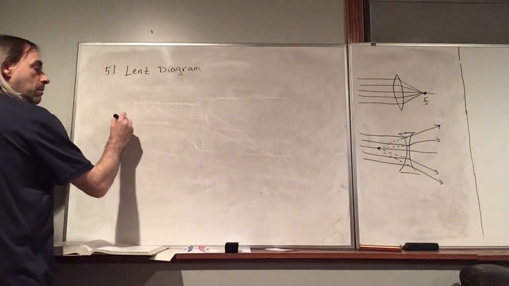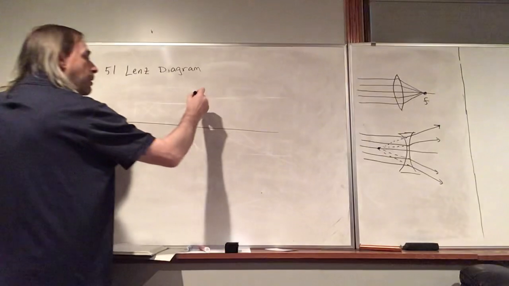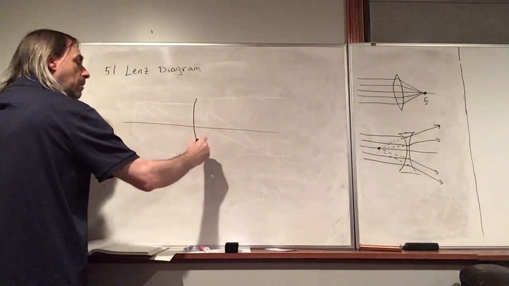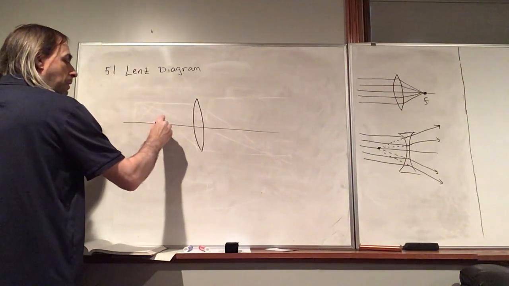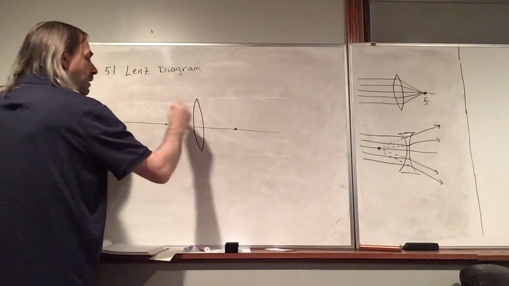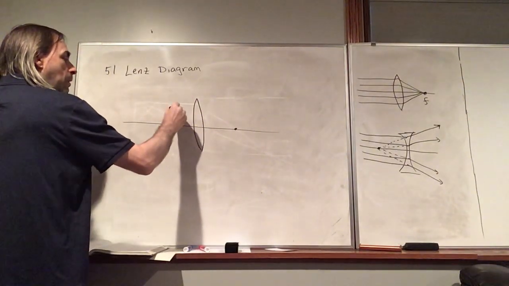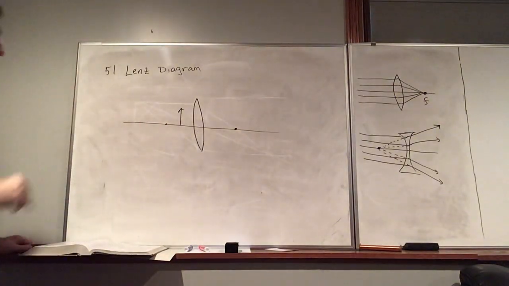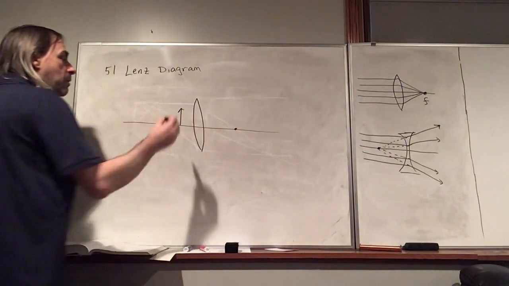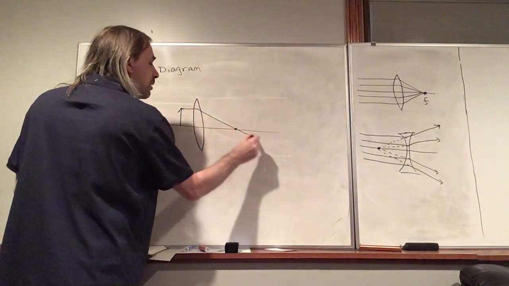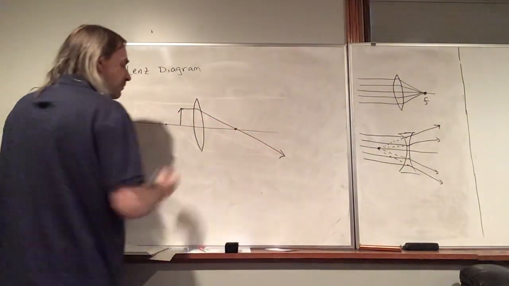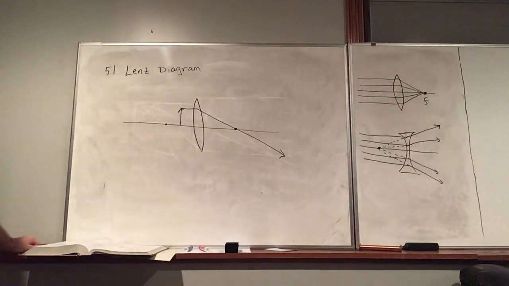So I'll draw basically the same picture, focal points on each side. We start out normally, parallel to the principal axis, through the focal point on the right. Now, the other one's going to be a little more difficult.